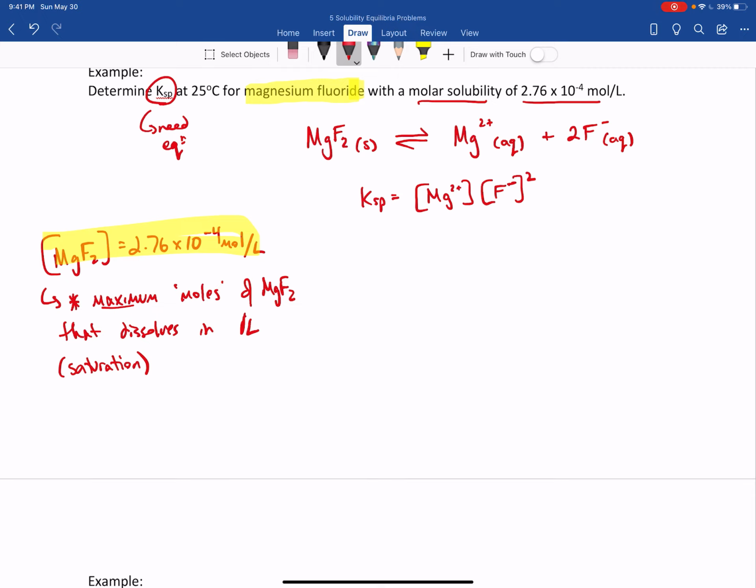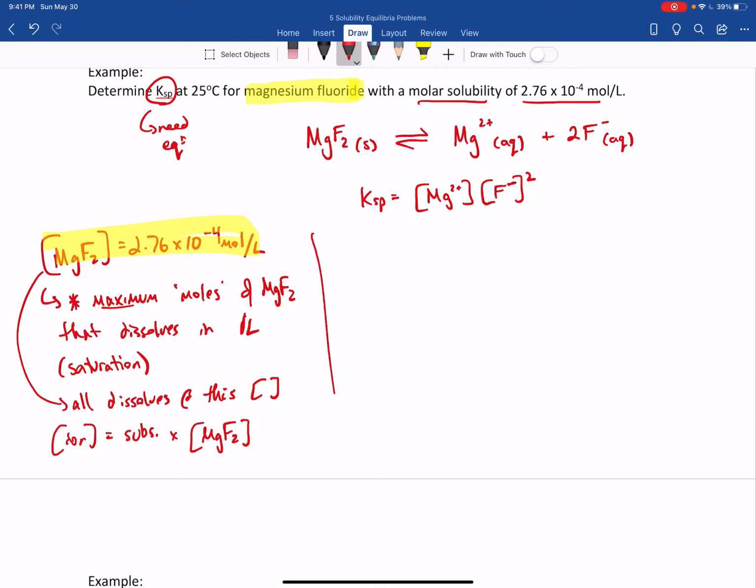If that's the case, and a saturated solution is at that concentration, that means all of the magnesium fluoride dissolves. All of it dissolves at this concentration. So what we can say is that the concentration of the ion, like we said, is equal to the subscript times the concentration of magnesium fluoride.